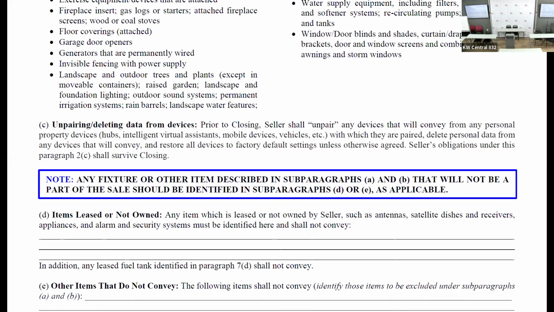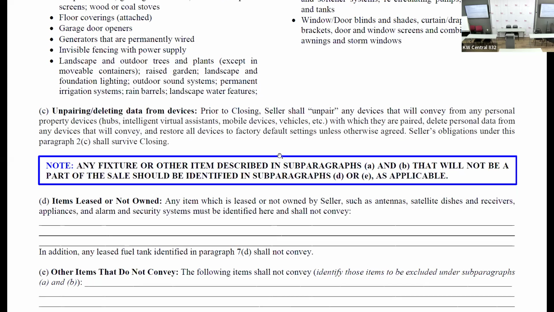All of those have to be unpaired. That is one of the few things that survives closing, because it is a federal offense for the seller if they do not unpair and then come back at a later time and use that device to enter the property or anything like that. So just making sure that they are unpaired.